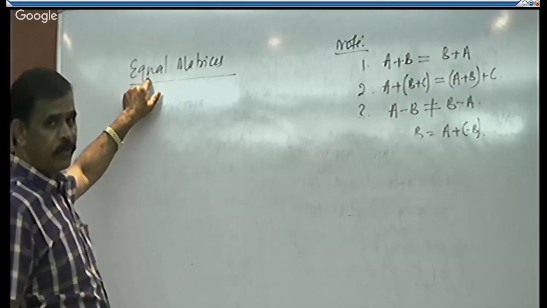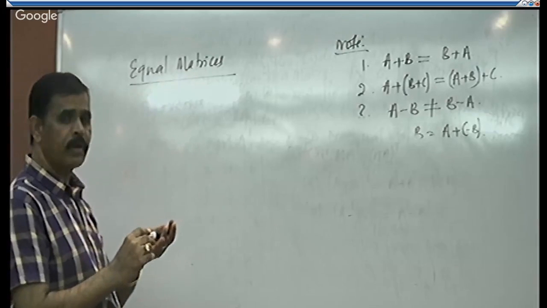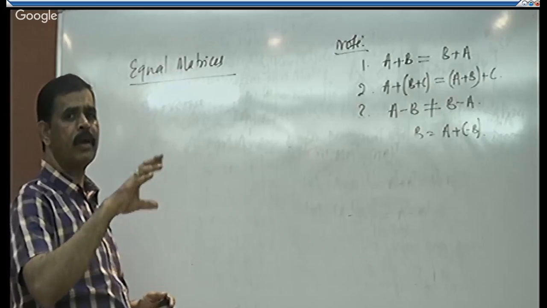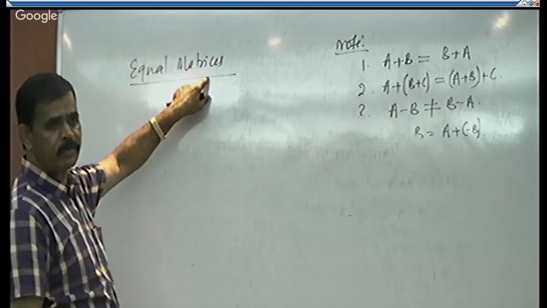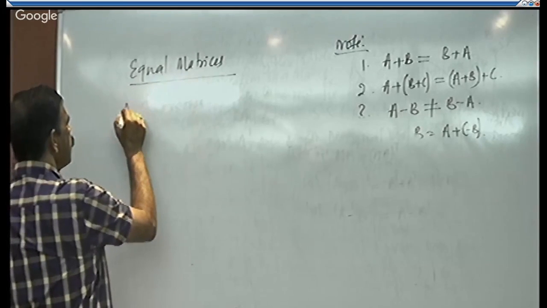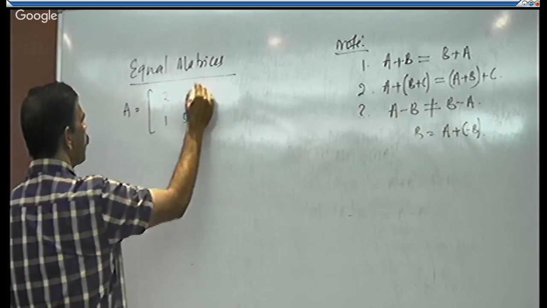Equal means same. If I take two matrices, if they are similar in corresponding elements and the order, then they are said to be equal matrices. Example, A is equal to some matrix 2, 3, 1, 5.